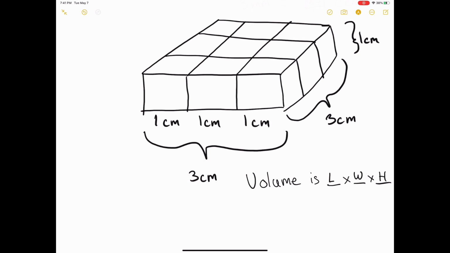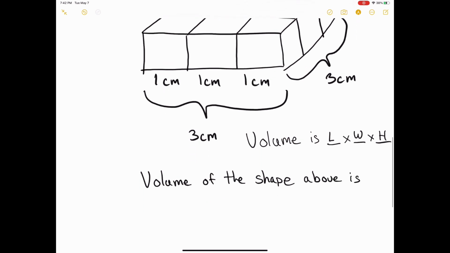Volume is length times width times height. What is the volume of this particular shape here? Calculate it out. This is not a hard math problem.